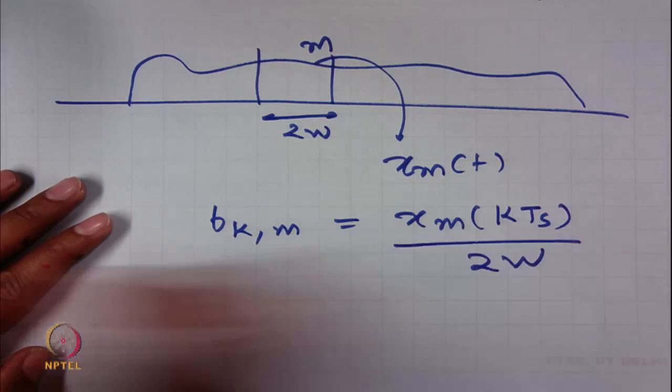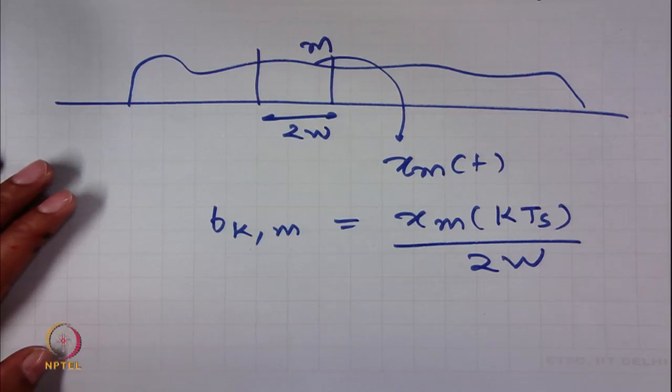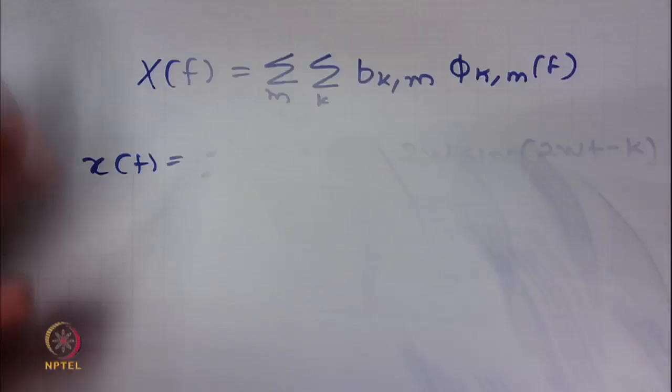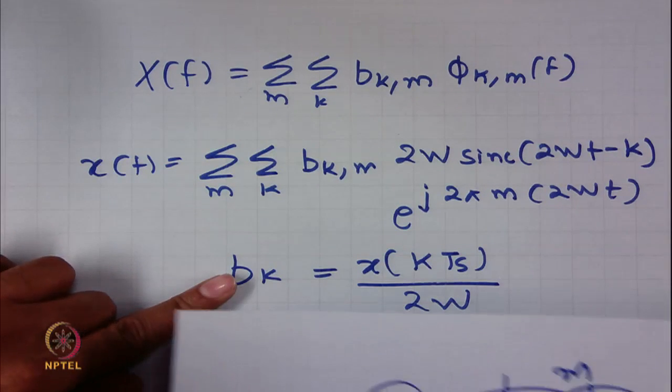So, this is just obtained by using our mind based on what these BKs were.